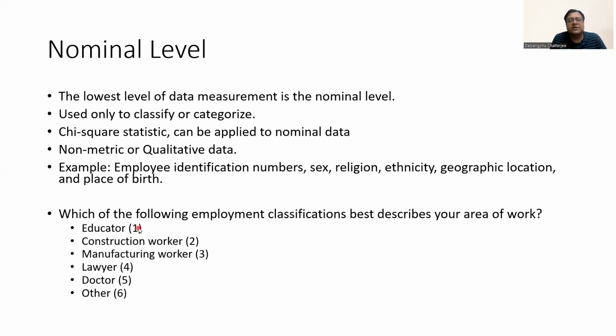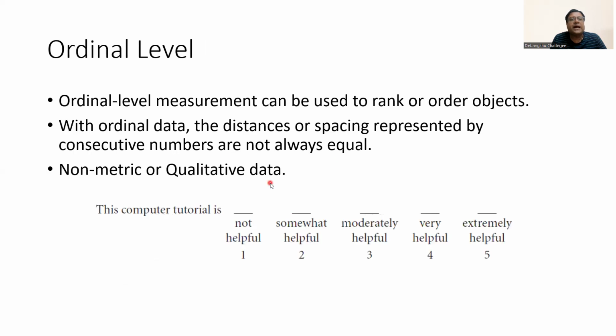Now, if we can select some data where there is some gradation, that 1 means it is good, 2 means it is better, 3 means it is very good, like that, then we call it ordinal data. So ordinal level measurement can be used to rank or order objects.